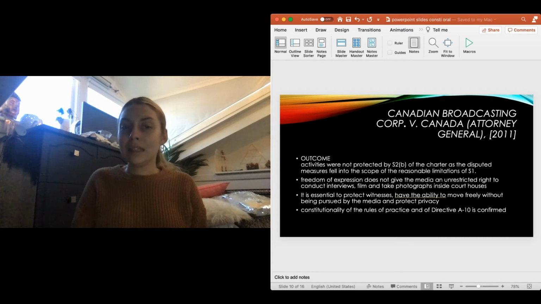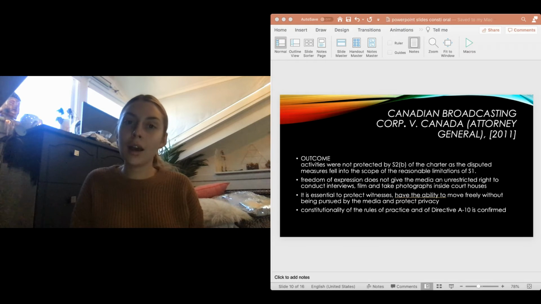In the Oakes balancing test, it was held that the positive improvement of media interest and engagement, which regardless would not improve the media's ability to describe, analyse, or comment on issues, was not significant enough to undermine the judicial process guaranteed in the open court principle, and thus was a justifiable reasonable limit under Section 1. The constitutionality of the rules of practice and of Directive A10 were confirmed.